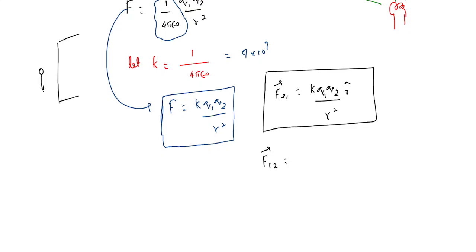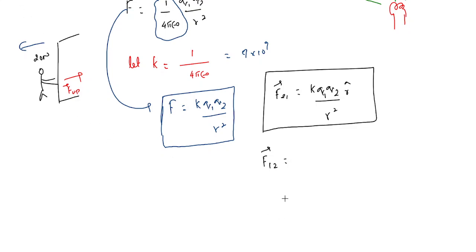There's a person, and this person is pushing the wall with a force of say 20 Newton. Now if the person applies a force of 20 Newton on the wall in this direction, we'll call this the force on the wall by the person. Simultaneously, this wall will apply a force of 20 Newton on the person in this direction. So the force would be the same in magnitude but different in direction.